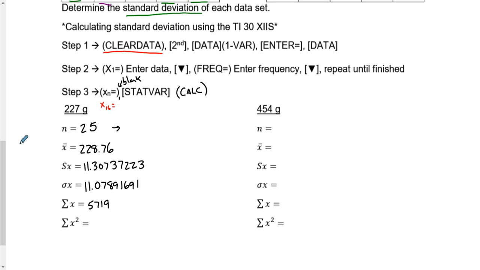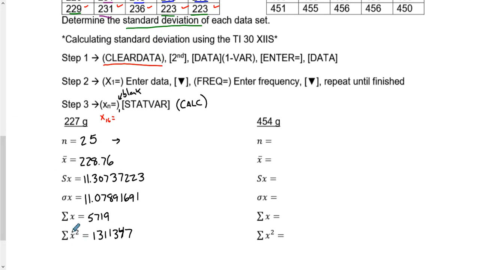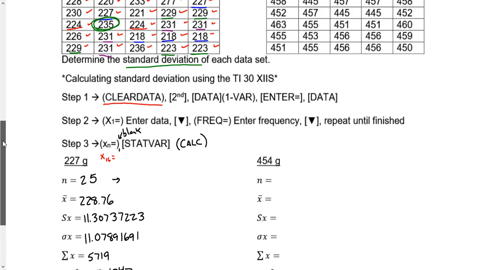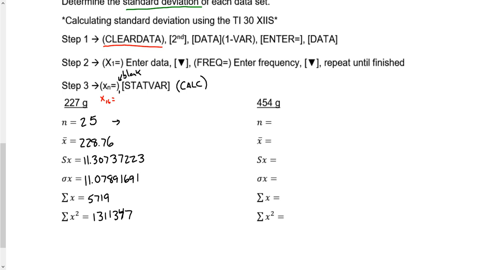And if I go over one more, it's 131,347, which means that is taking all of these numbers squared and adding them together. So if I took 229 squared and added to 231 squared, added to 236, and so on and so forth. So this is a lot of information.